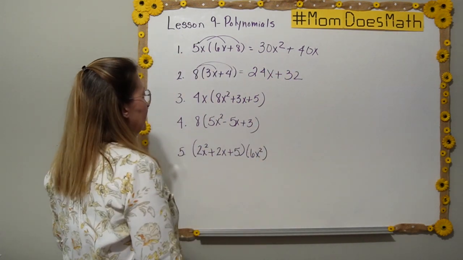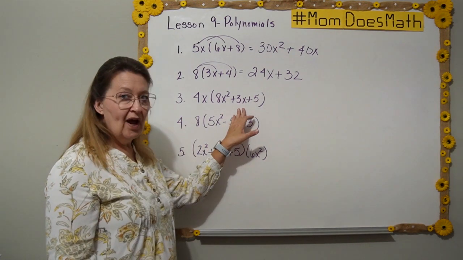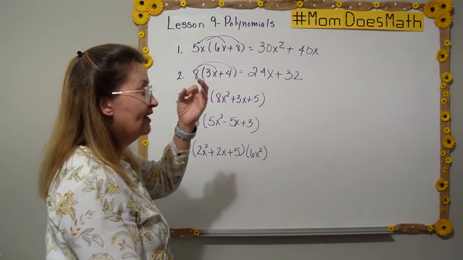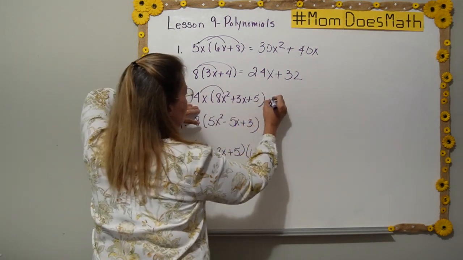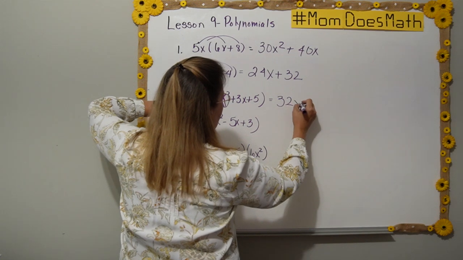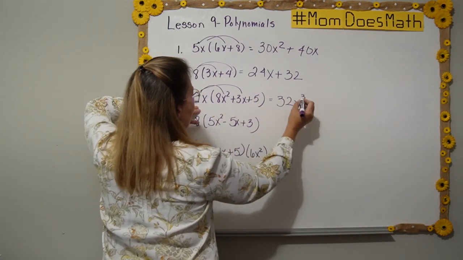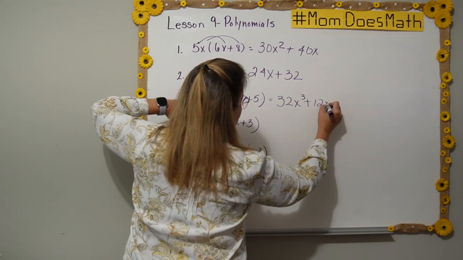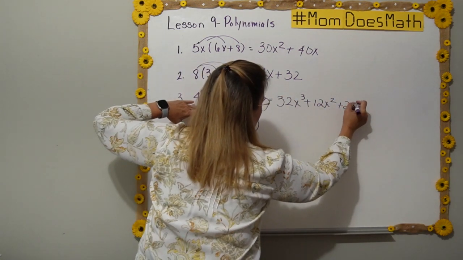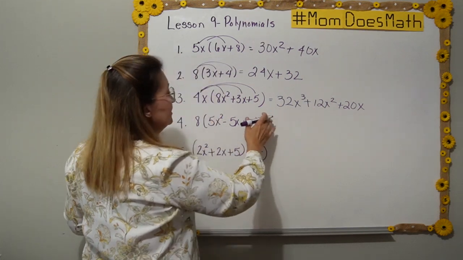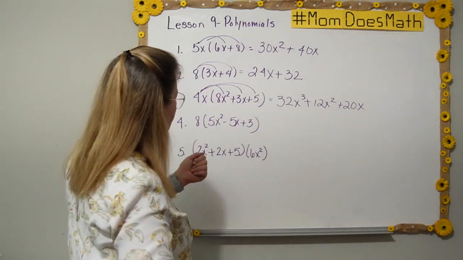Nothing can be combined. Now we have a monomial times a trinomial, so we're just going to multiply it times 3 things. All right, 4x times 8x squared is 32x to the third. 4x times 3x is 12x to the second. And 4x times 5 is 20x. None of these can be combined because all of the x's have different exponents.